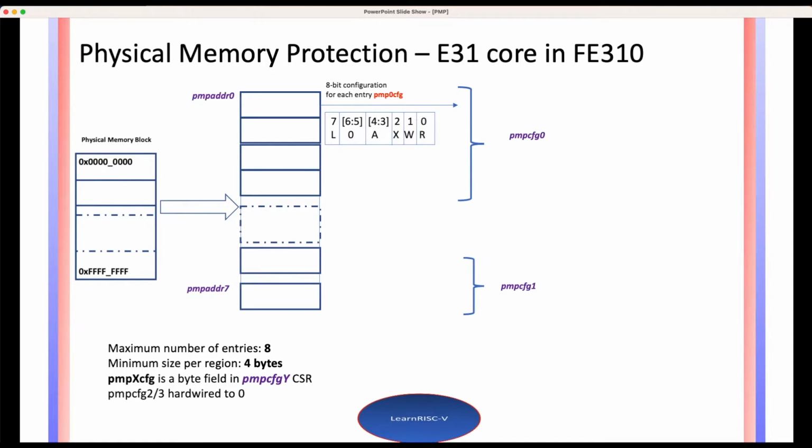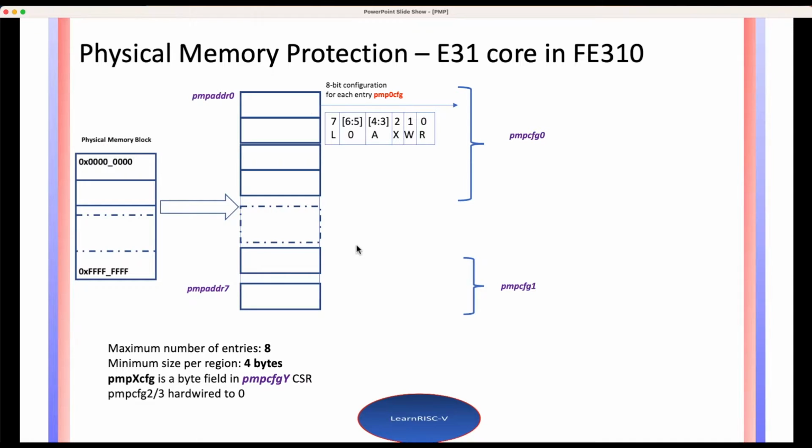For example, the E31 core has only 8 regions, so it supports a maximum of 8 regions. That means the physically addressable memory can be split into only 8 regions, and each region can be configured with a set of permissions.